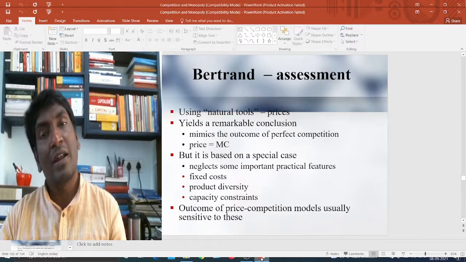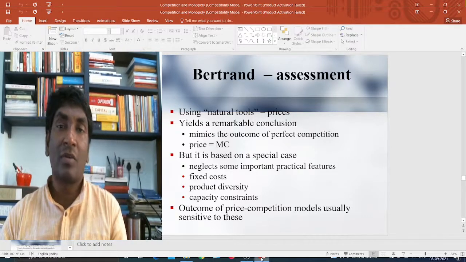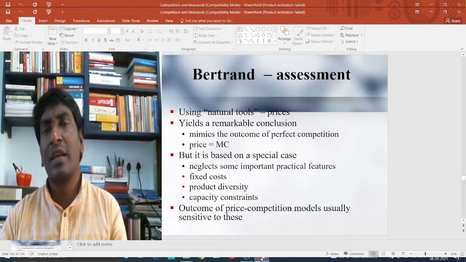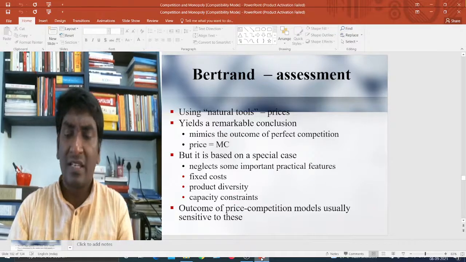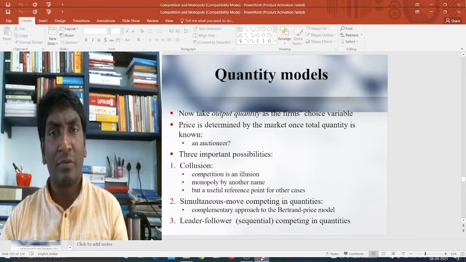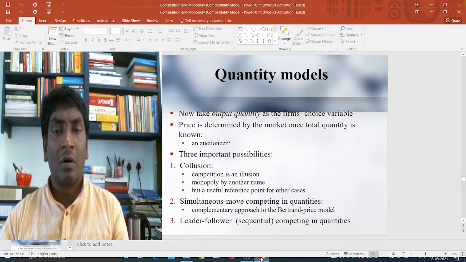If you compare that with this Bertrand model, it is not that greatly burdened. So the outcome of the price competition model is usually sensitive to the following problems, the criticism which we labeled against it.